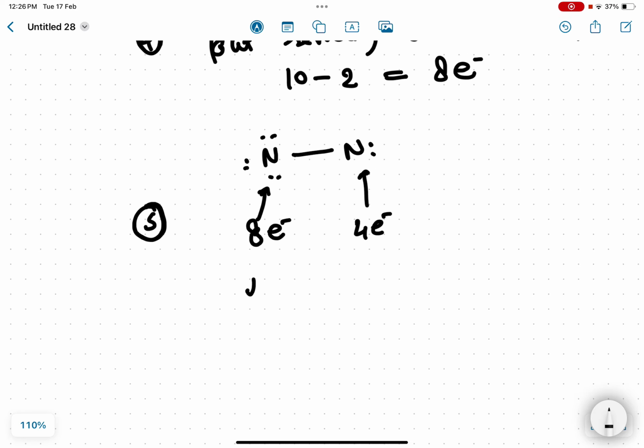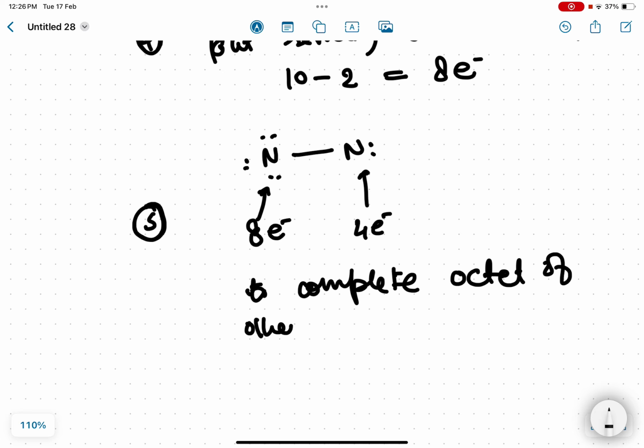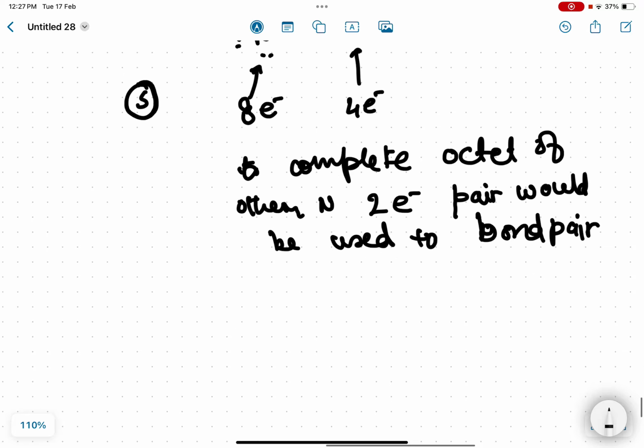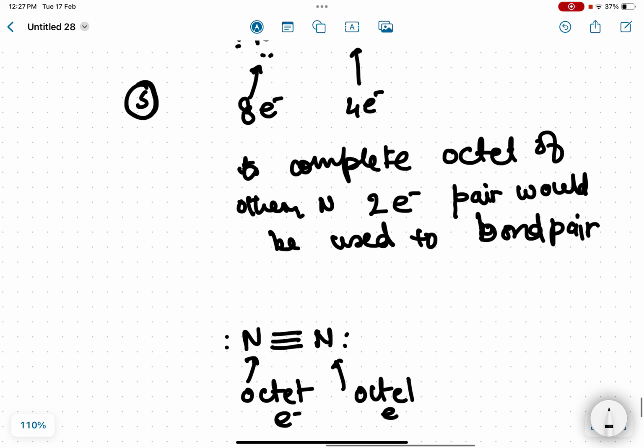So to complete the octet of the other nitrogen, 2 lone pairs would be converted to bond pairs. So now both have complete octets, and this is the final structure.